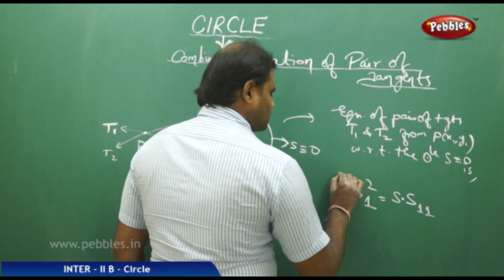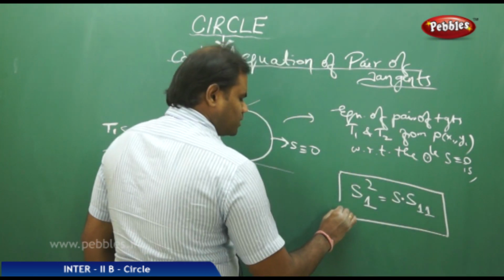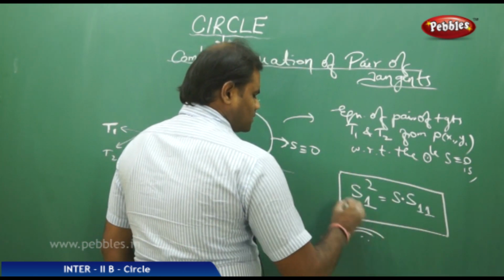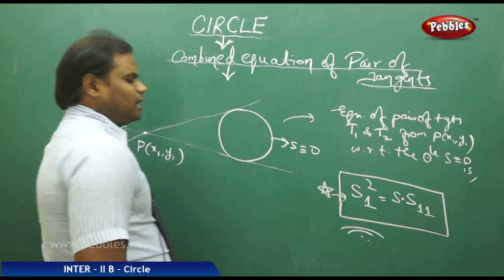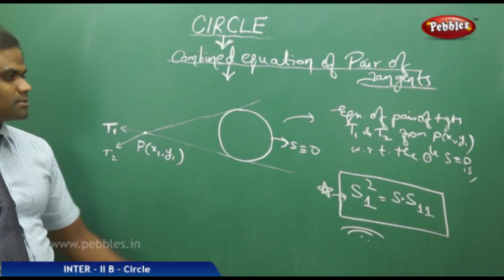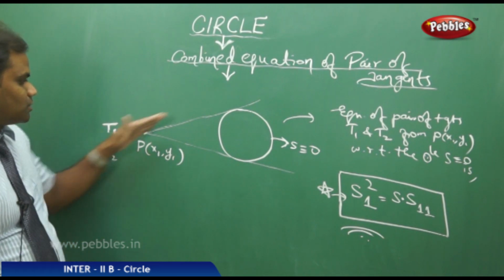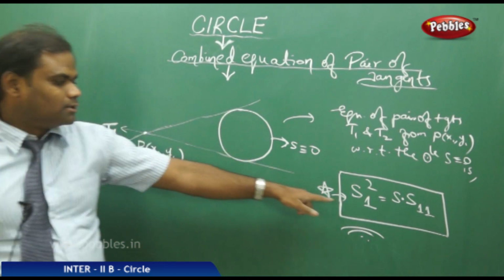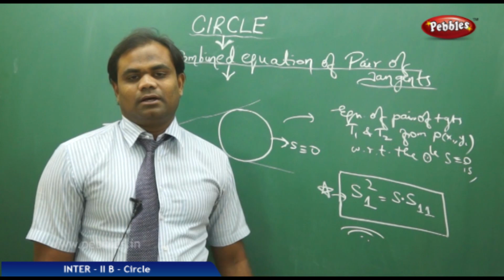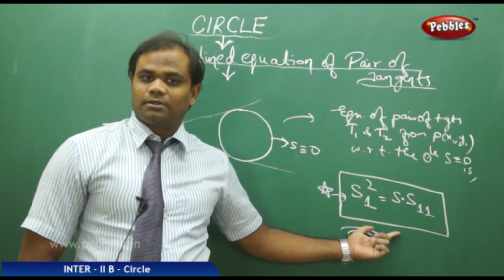That is how we understand the equation of the pair of tangents, given by the formula S1 squared equals S times S11. So the equation of these two tangents together is given by this formula.